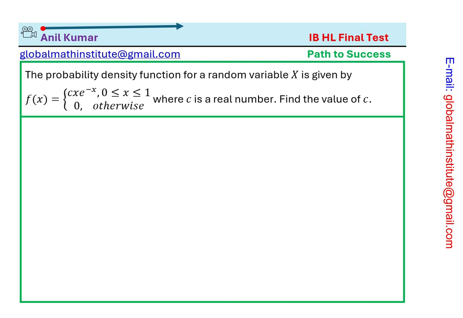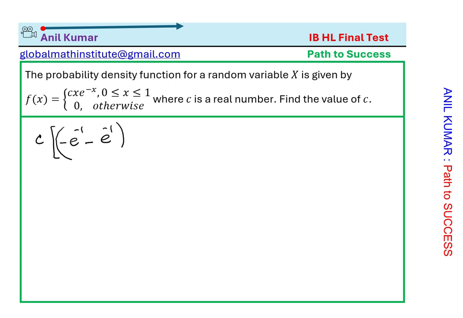So what we get here is c times, putting in the limit 1: minus e to the power of minus 1 minus e to the power of minus 1, minus, putting in 0: minus 0 minus 1, equals 1.